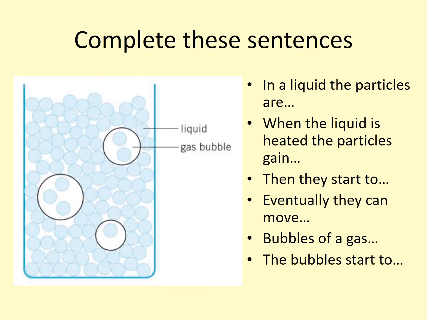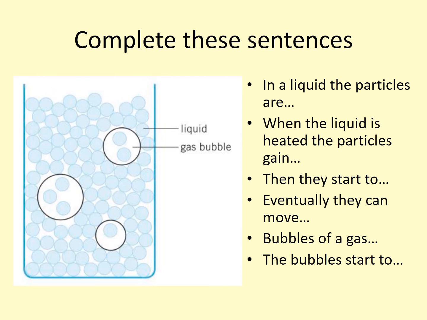And because they're moving faster, they start to take up a little bit more room. Now eventually they move so fast that they can break away from each other, they're no longer touching and they're taking up more space, and they've actually formed a bubble of a gas, and you can see 3 gas bubbles on that diagram. So this happens throughout the liquid during boiling.